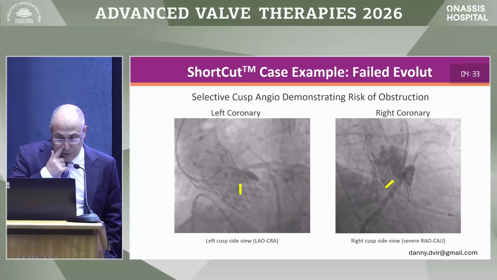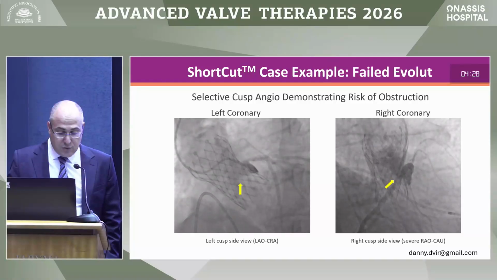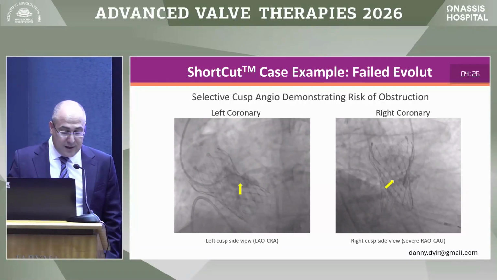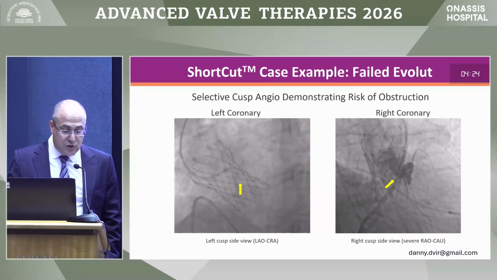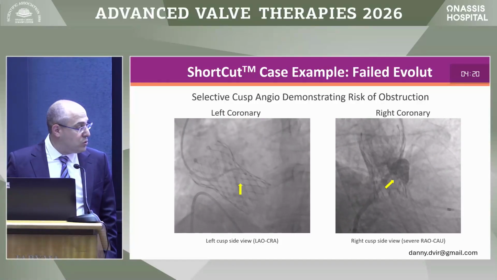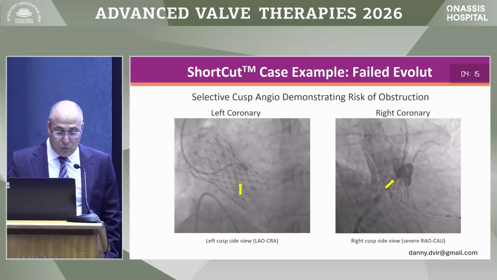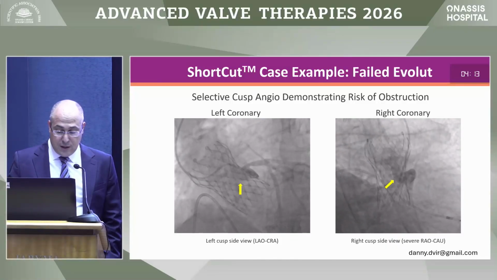You can see Evolut at risk for coronary obstruction that potentially could be a very complex procedure. We can see the dedicated selective injection in the left cusp and on the right cusp in a case with good commissural alignment. We see that the leaflets, if they are deflected, will go to the coronary ostia.